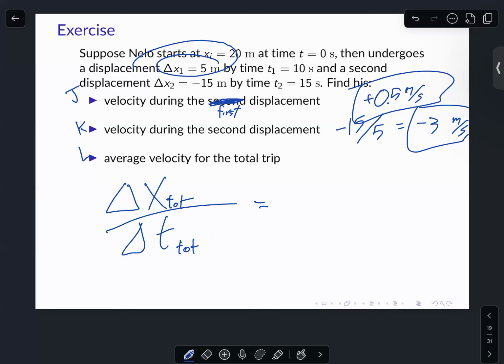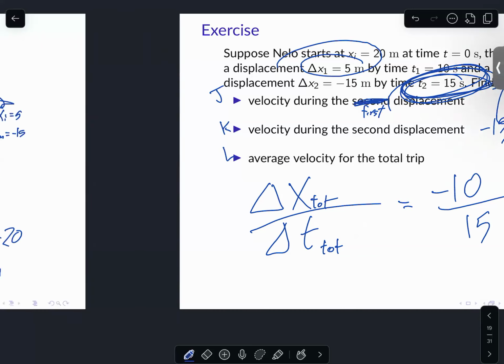Average velocity for the whole trip is total displacement, which is, what did I say on the last slide? Divided by the total time. How far did I displace?